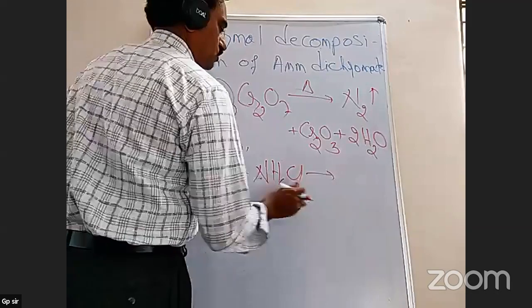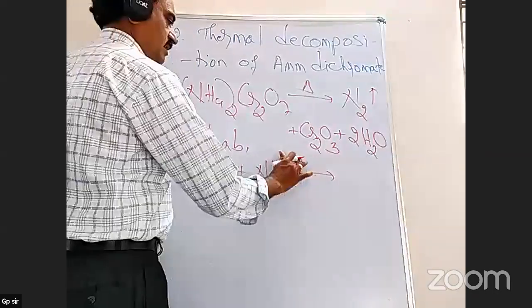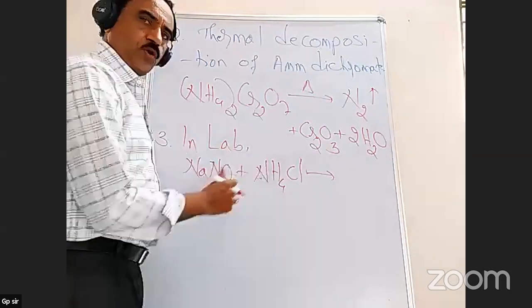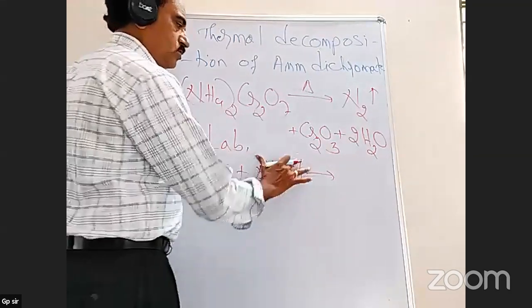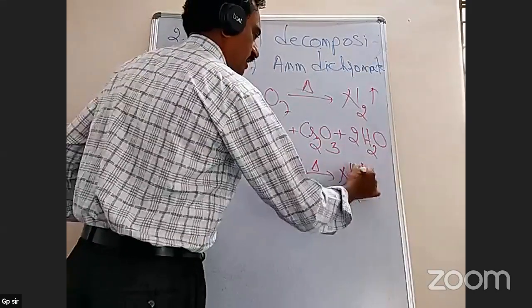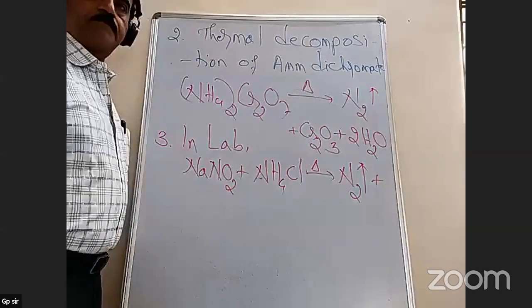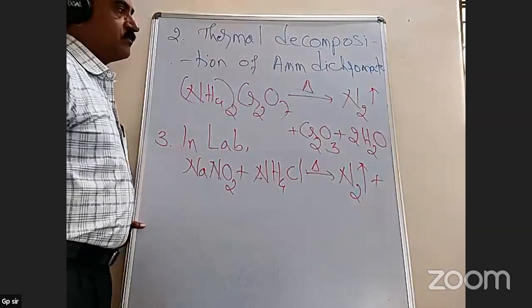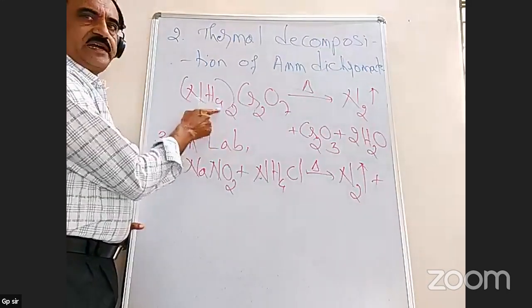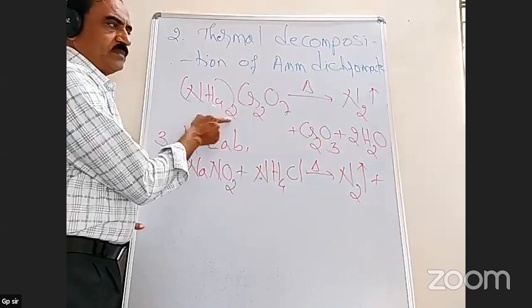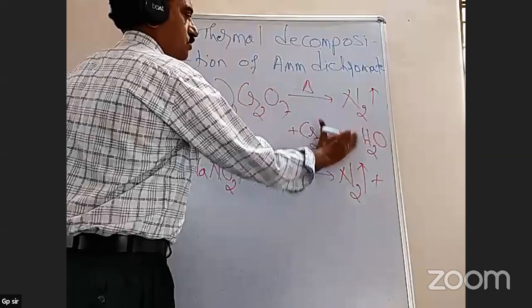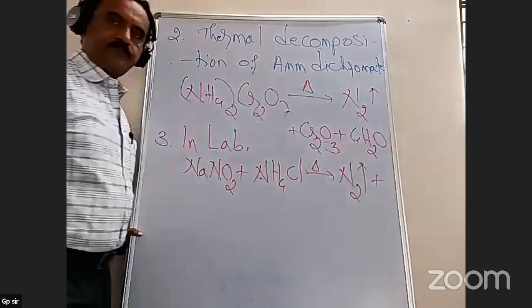When sodium nitrite, NaNO2, and NH4Cl are heated, you have to take the solution. Take sodium nitrite and ammonium chloride solution and heat it. N2 plus 4H2O, that is a correction. There are 8 hydrogens here and 8 there.